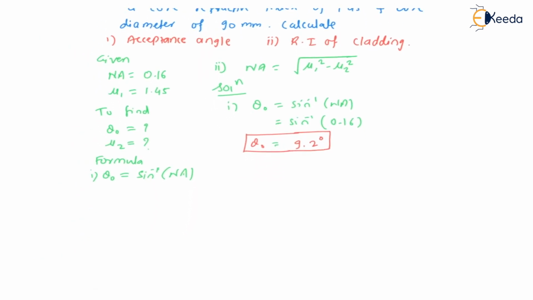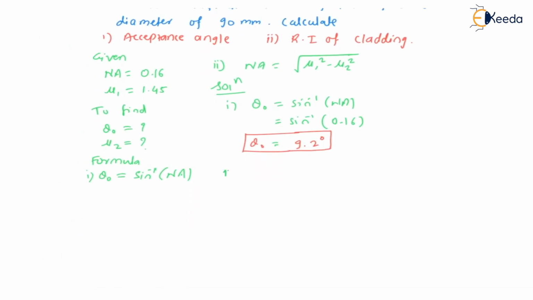Now we'll calculate the refractive index of cladding. So here the formula is again, Na equals under root mu1 square minus mu2 square. Then by rearranging the terms, I can write the formula for mu2 as under root mu1 square minus Na square.